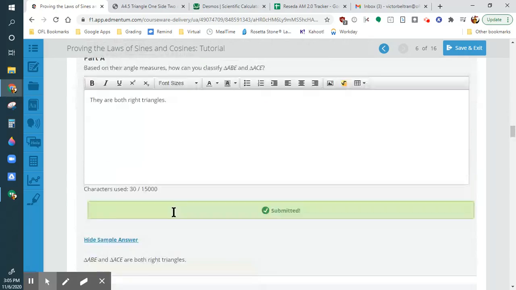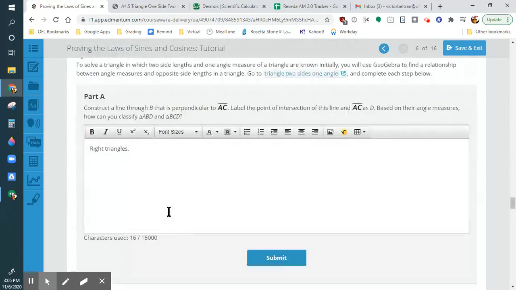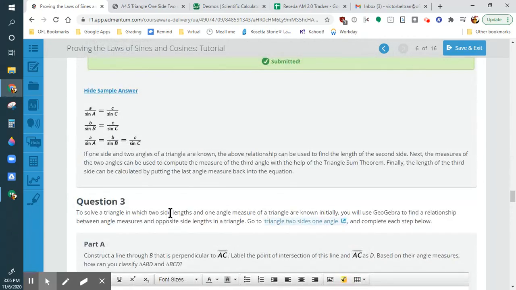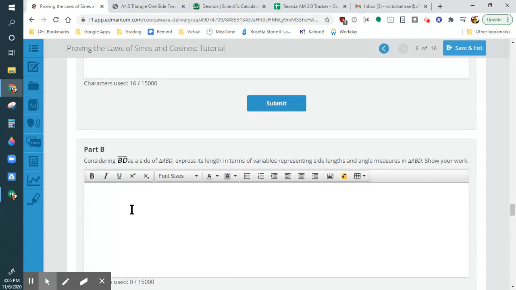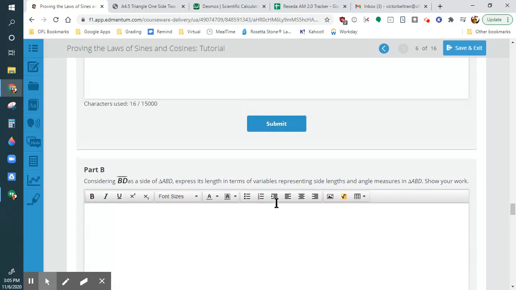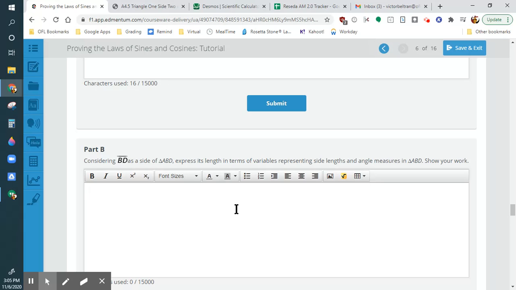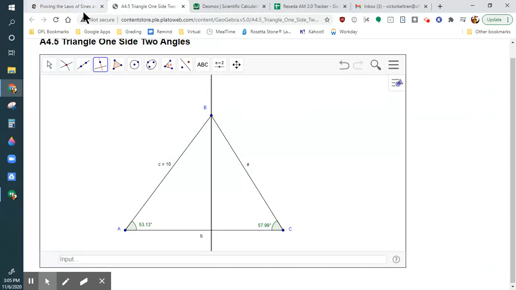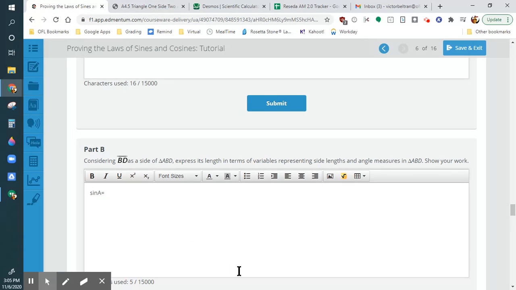Sine A equals BD over little c, which means that c times sine of A.